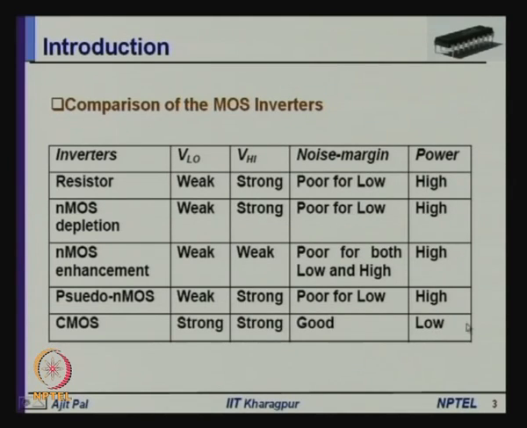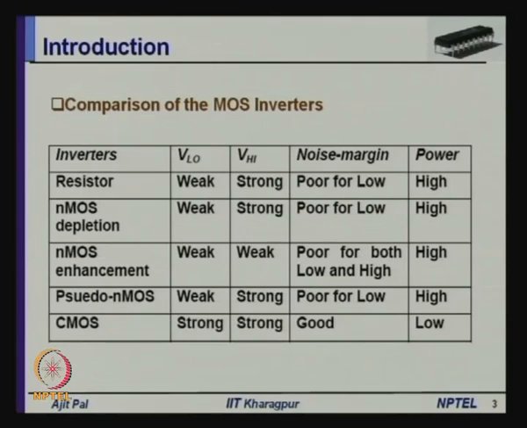And from these comparisons what conclusion can we make? We find that all the 4 parameters that we have discussed are good for CMOS, and that is the reason why CMOS is the technology of choice, and CMOS is used for all present day VLSI circuit realization, and obviously they are most suitable for low power application because of low power dissipation.